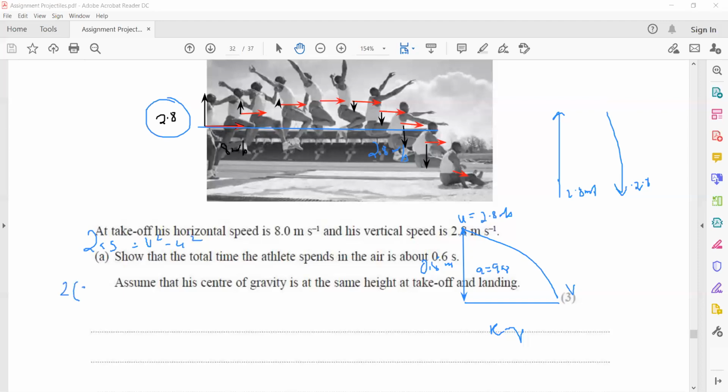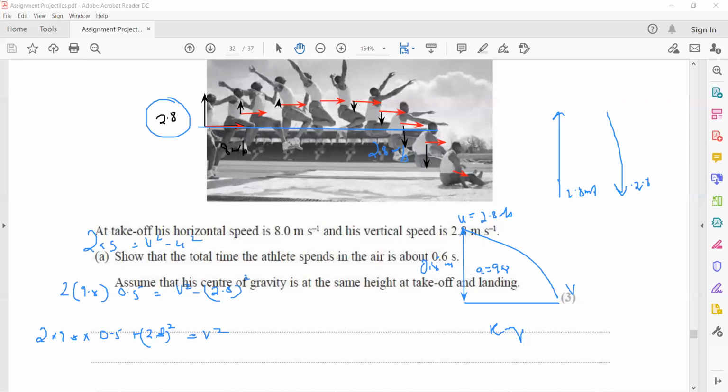So 2as equals v square minus u square. So 2, gravity is 9.8, the extra distance 0.5, equals final speed square minus initial speed 2.8 square. This will move to the other side: 2 into 9.8 into 0.5 plus 2.8 square. What's the final answer after taking the square root?